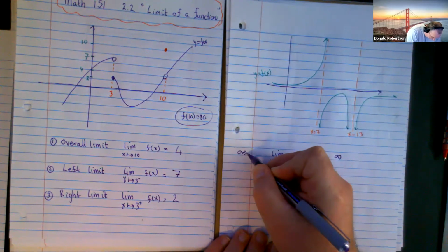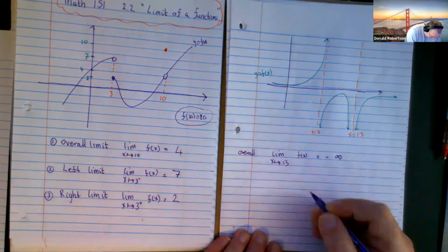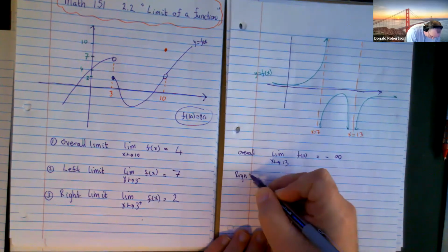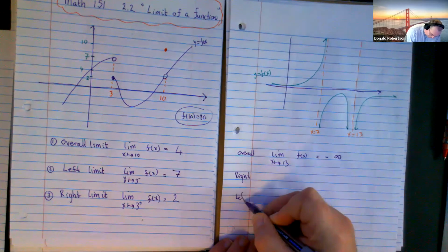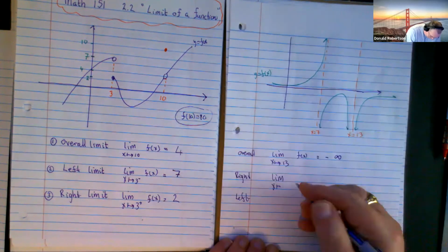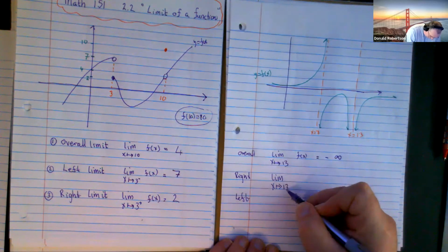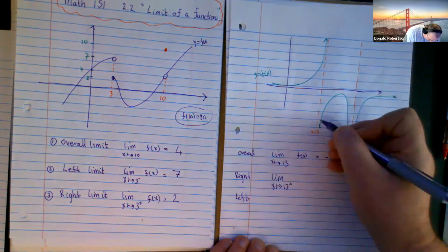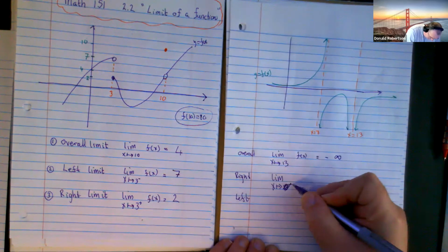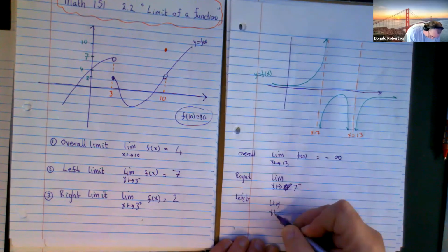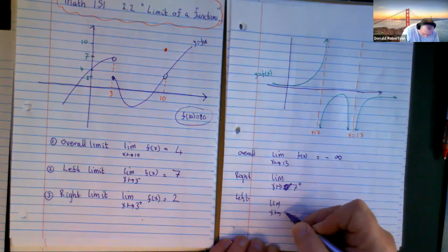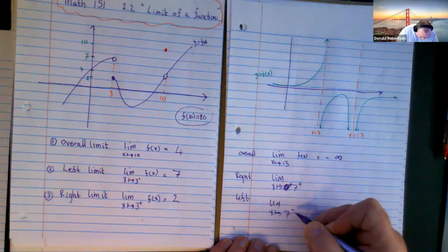Now we also have a right and a left. And a right limit would be coming in from the right branch. So we would write it down as well, let's do it at 7. At 7 plus. And then we do the other one coming in from the left branch.